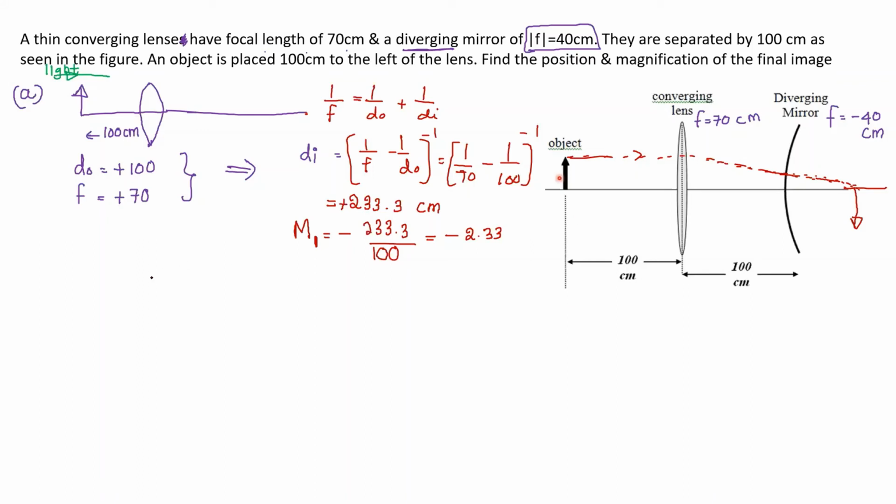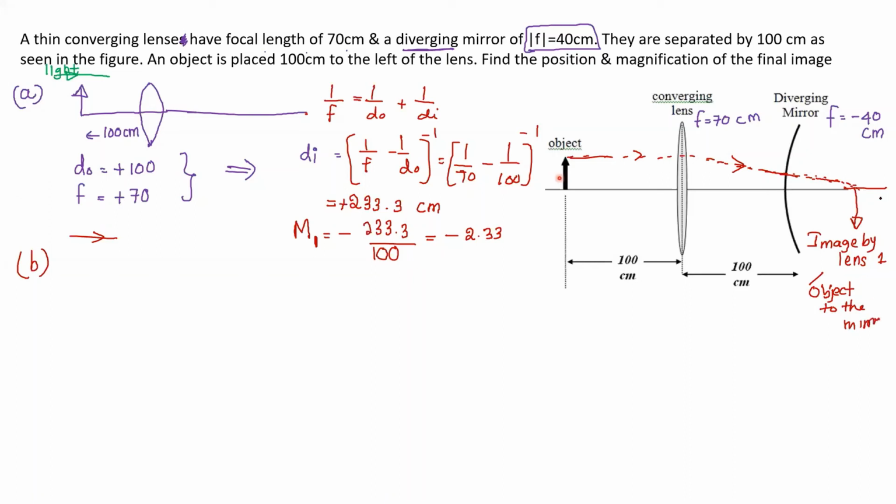So next, what will happen? Now light is coming towards the mirror. Still light is coming this way, right? Light is coming towards the mirror, and this image made by the lens is the object to the mirror, right?